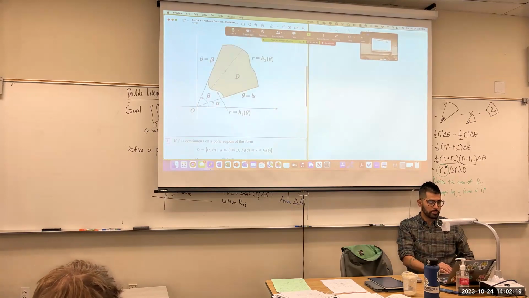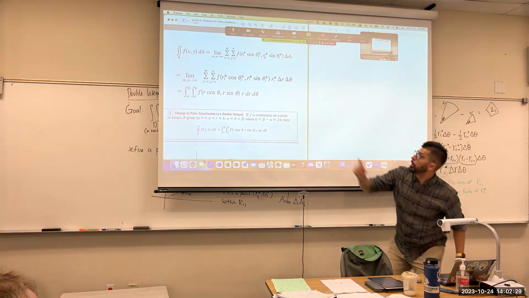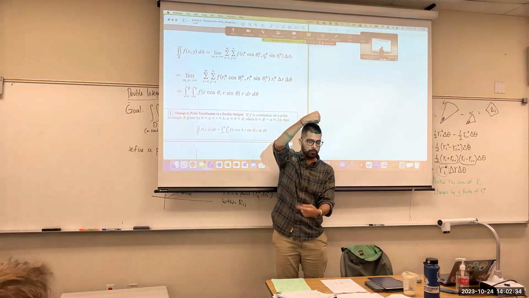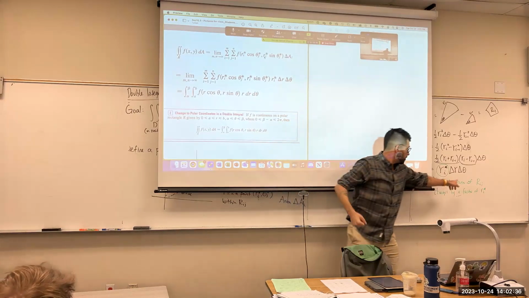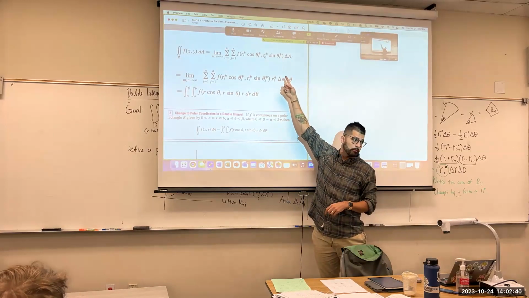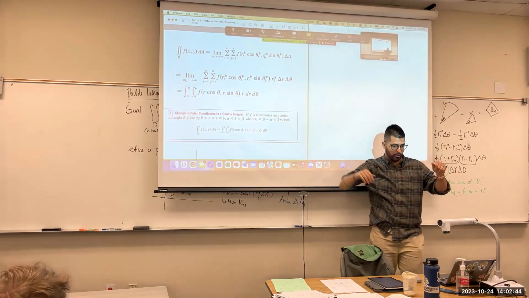So x becomes ri star cosine theta j star, y becomes ri star sine of theta j star. Right? That is the point that's being plugged into the function that gives you the height of the box times the area of the box, which we just found. So times your delta Ai. Cool? Is everyone following? Okay.